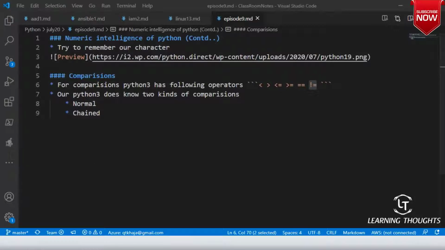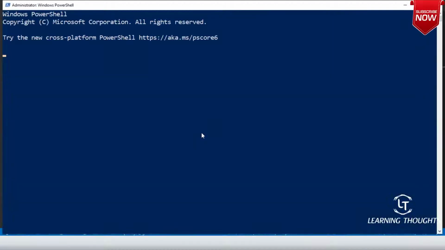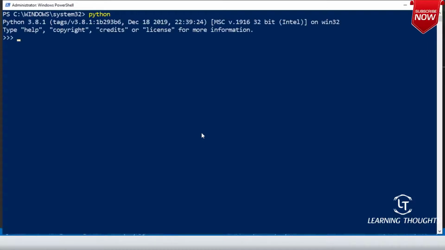So in normal, what we would try to tell Python is, let me open the Python shell. I would try to tell that 1 less than 3. Is this correct? Is 1 less than 3? So Python will tell you true. 1 greater than 3, Python will tell you no, it is false.